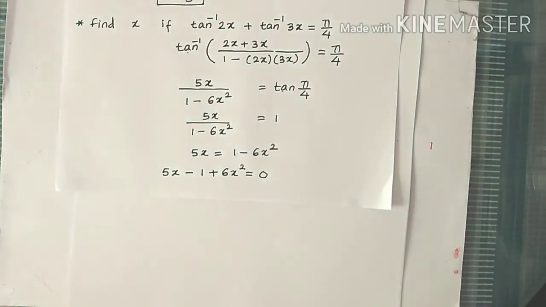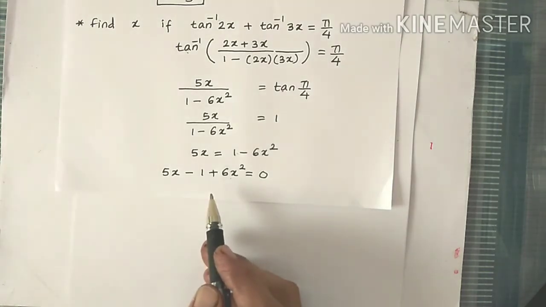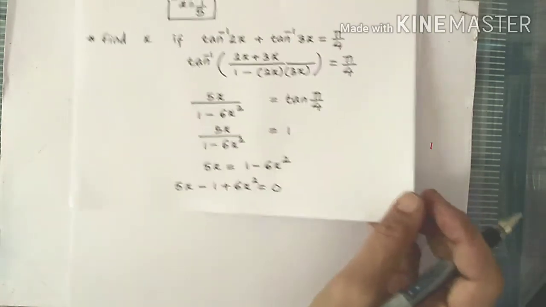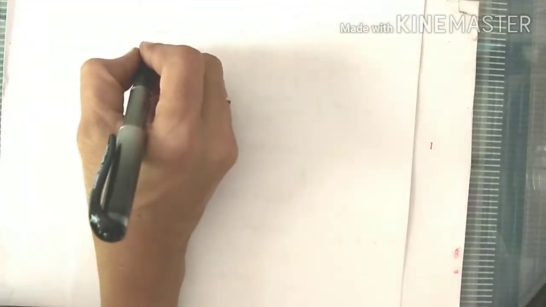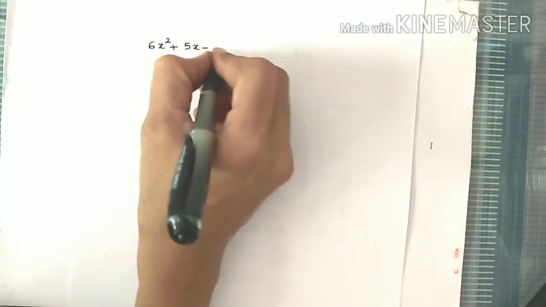Now let's solve this quadratic equation. So starting with x square, the term in x square is 6x square, then the term in x and then the constant term. So that is 6x square plus 5x minus 1.